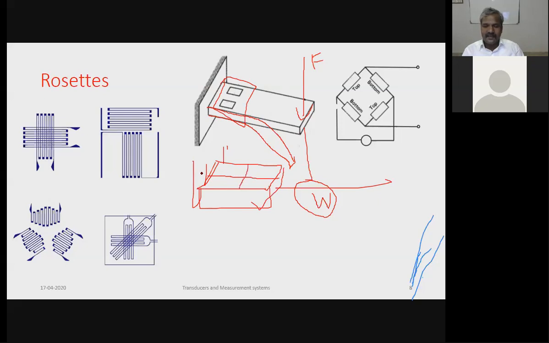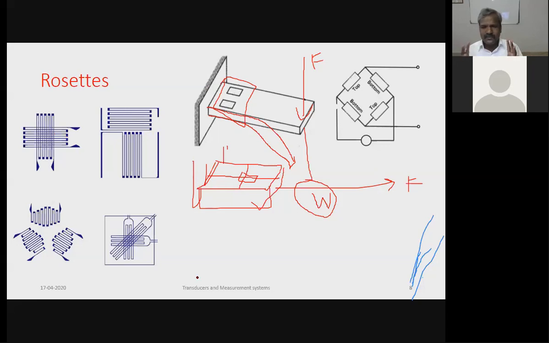So in that case, when we apply force or tension to this line of action, this direction, we have to bond this strain gauge here. Whereas in the cantilever beam, we have to bond the strain gauge nearer to the fixed end. Okay, nearer to the fixed end. Understand? So to avoid this, we are manufacturing combination of 2 or more strain gauges.